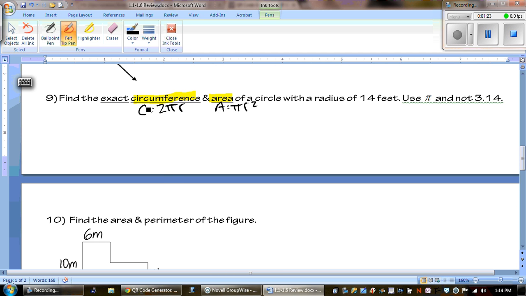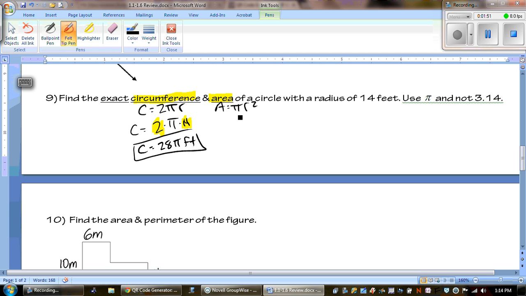So for circumference, you're plugging in the radius, which is 14. So it would be 2 times pi times 14. And remember, you can multiply in any order. 2 times 14 would get you that the circumference is 28 pi, and we're talking about feet.